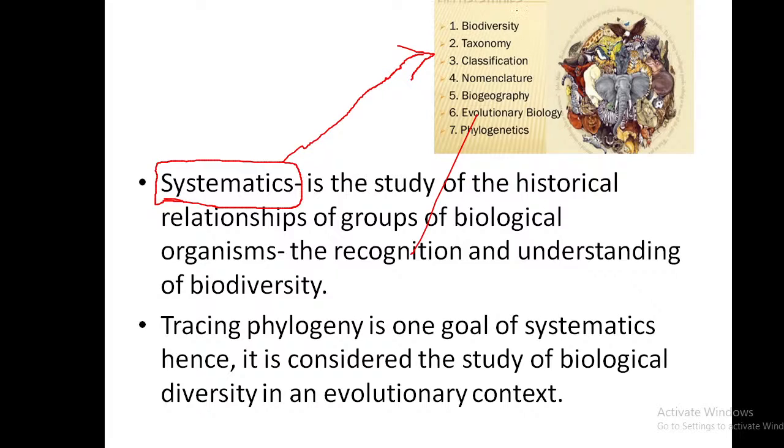So this includes the biodiversity study that has to be done, taxonomy, classification, nomenclature, biogeography, then evolutionary biology, phylogenetics, study of evolution. Then all things are taken into consideration while doing systematics.